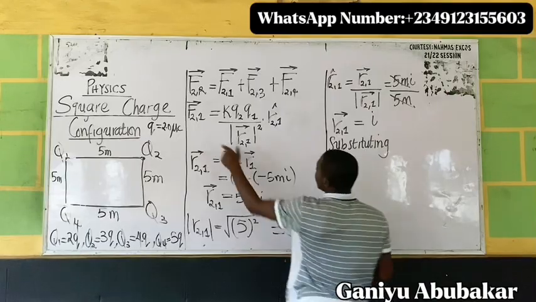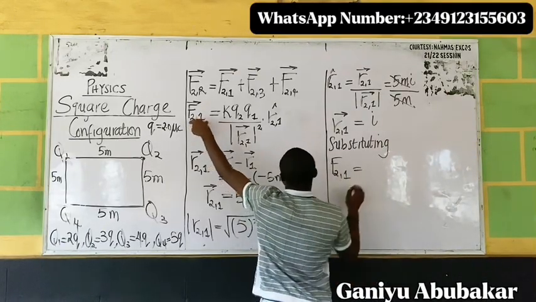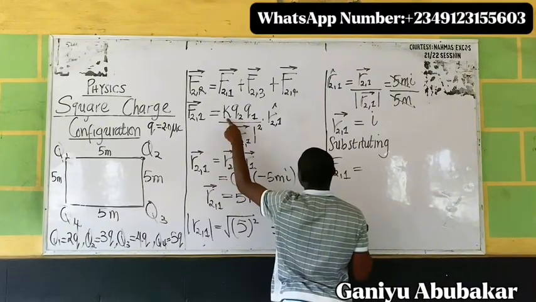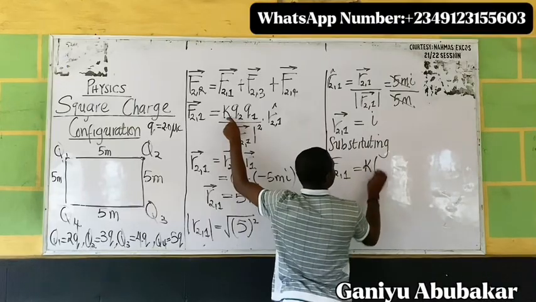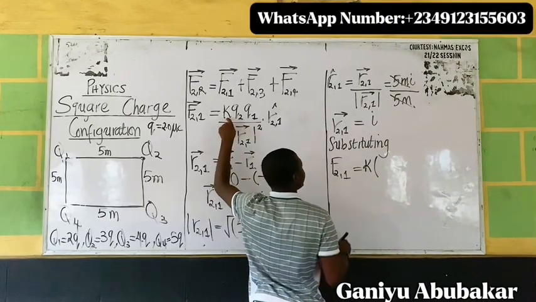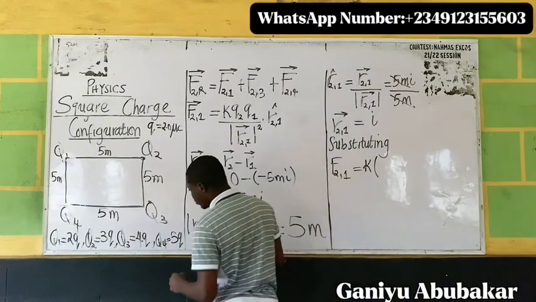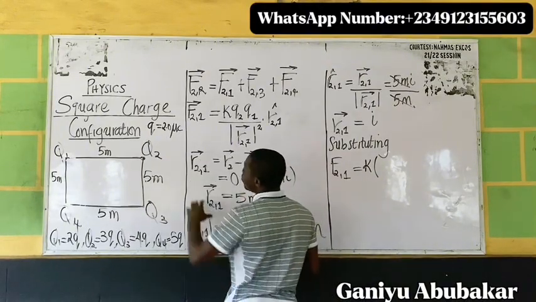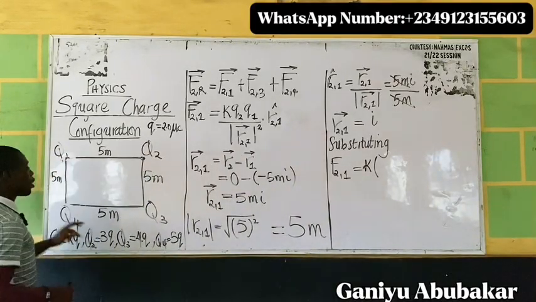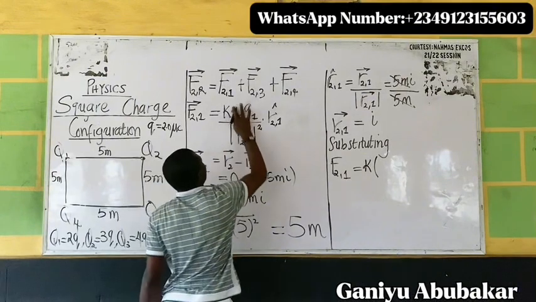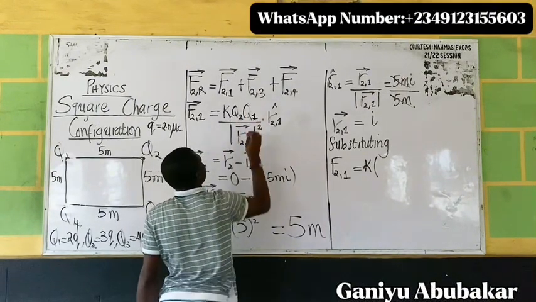Substituting, I'll have that F21 is equal to K, Q2, Q1. By the way, the Q in this question is capital Q, so I'll put them in capital Q: capital Q2, capital Q3, Q1.